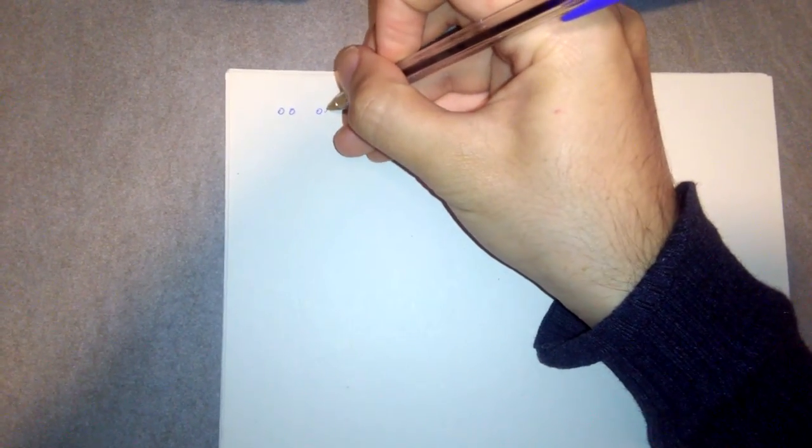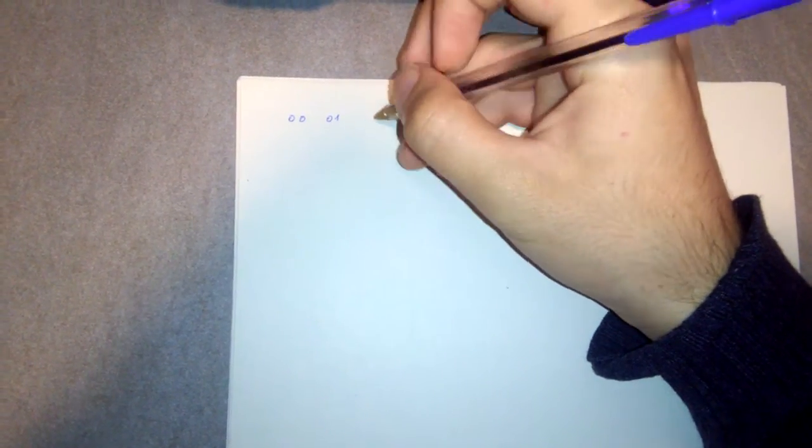Let's skip the truth table part and suppose that we already have a Karnaugh map to play with. So I'm gonna have 0, 0, 0, 1. As we are counting with the gray code, we have 1, 1, 1, 0.